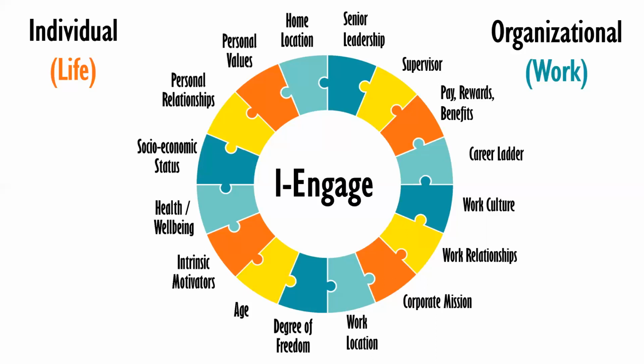I also starred personal relationships as an area where I appreciate having quality connections, friendships, and mutual support. We'll come back to this diagram at the end of our series. For now, keep this visual in mind and in the background as we work to further explore what IEngage looks like for you.